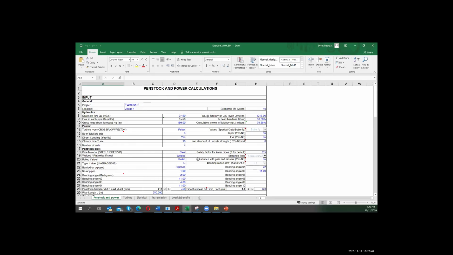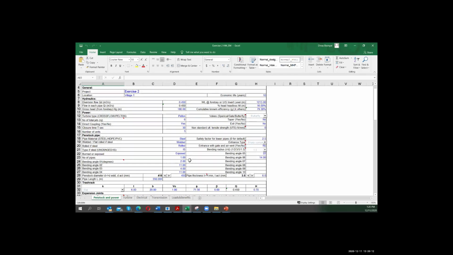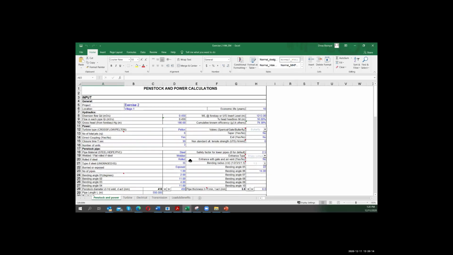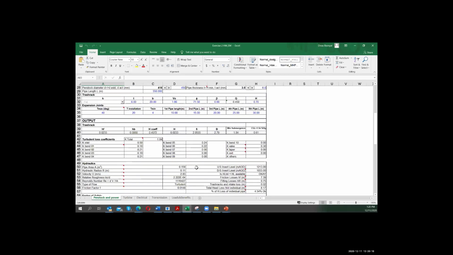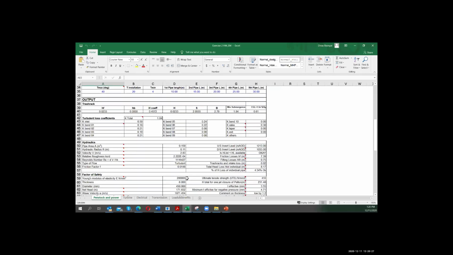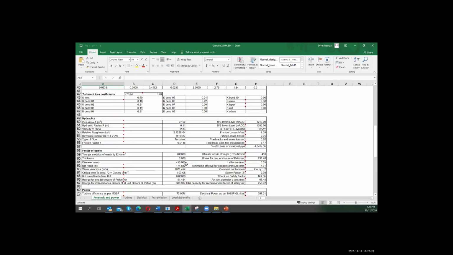The blue ones are the parameters that you have to input, and based on that you get the hydraulic calculation, the velocity, and the total pipe area and other things are calculated automatically.